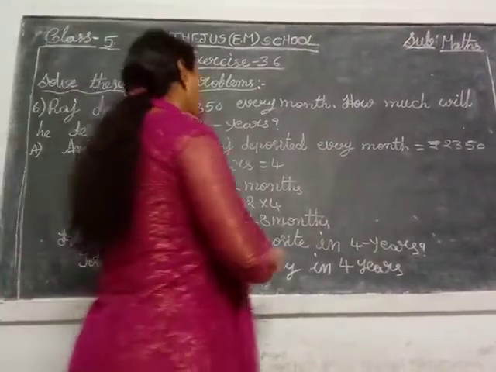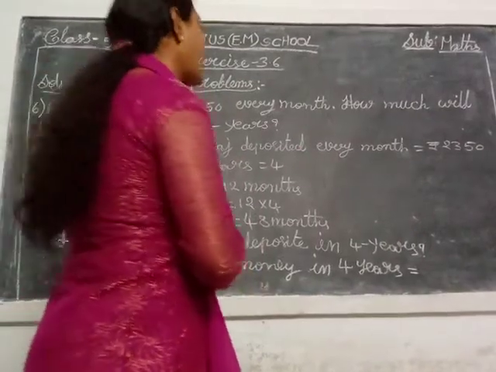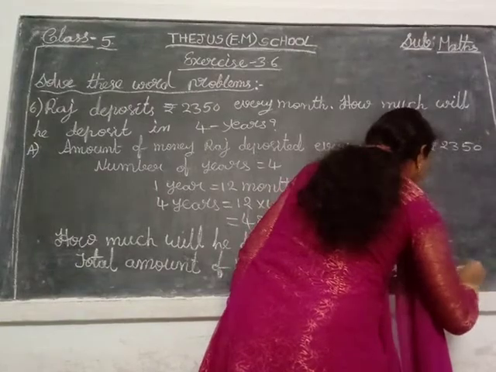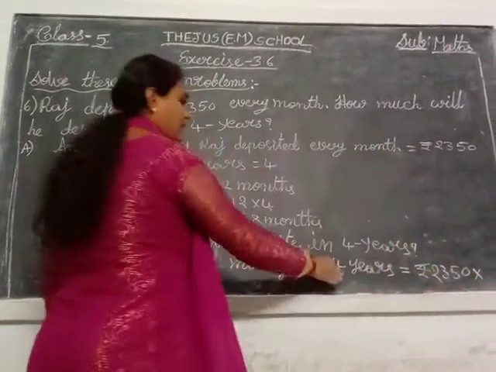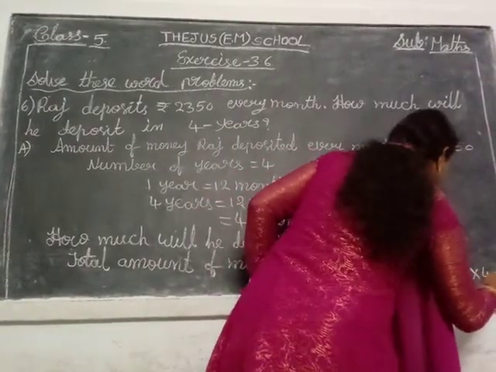So you do the multiplication here. Rupees how much, children? 2350. Into how many months? 4 years means 48 months. So you write here 48.